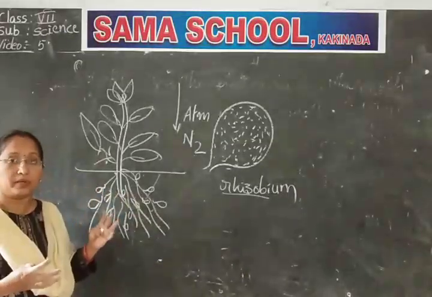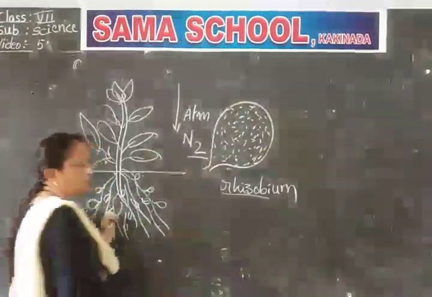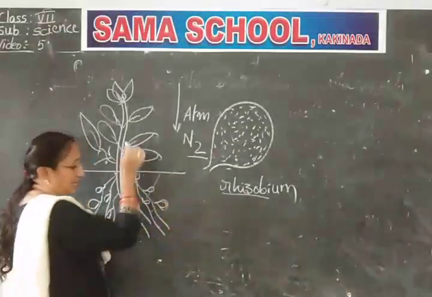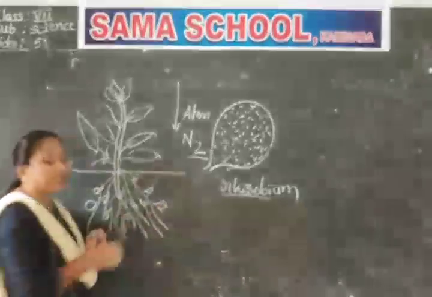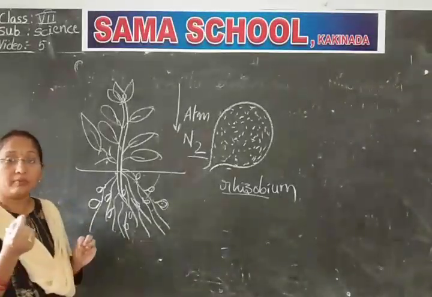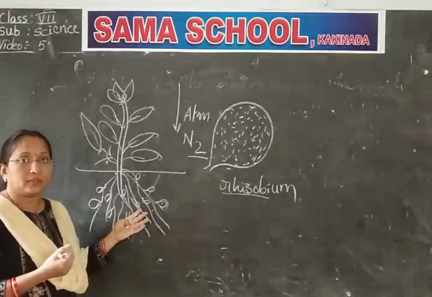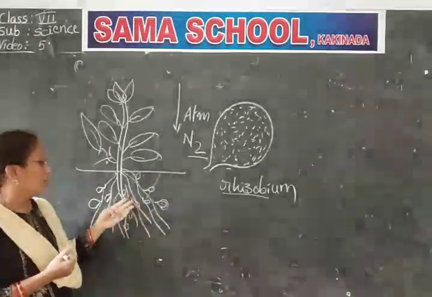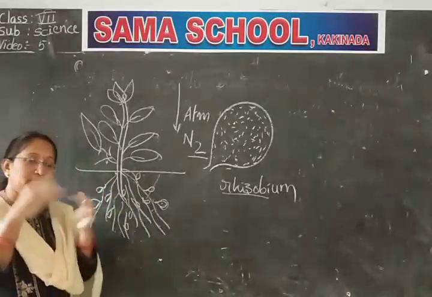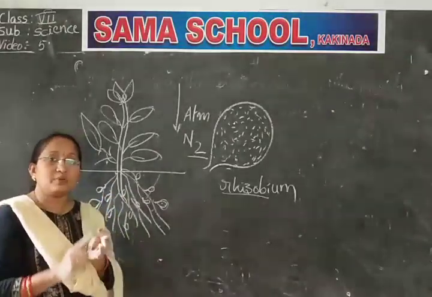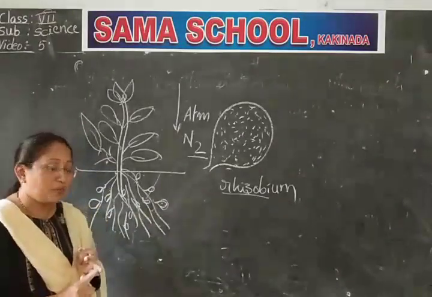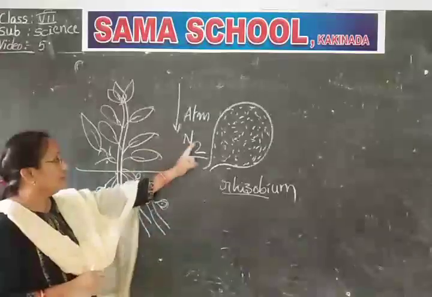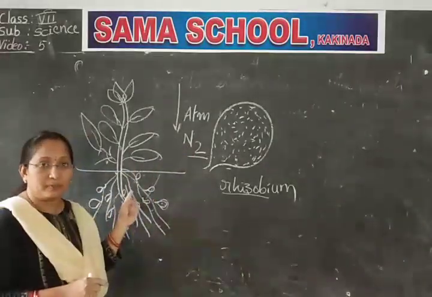One is giving the nitrogen, and this plant is providing shelter here. In these nodule-like structures, the Rhizobium has its shelter. So in the relationship, one is providing shelter, another is providing food materials. So nitrogen is provided as a substance.